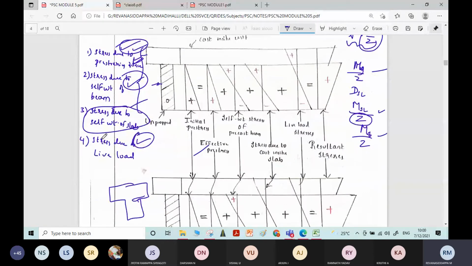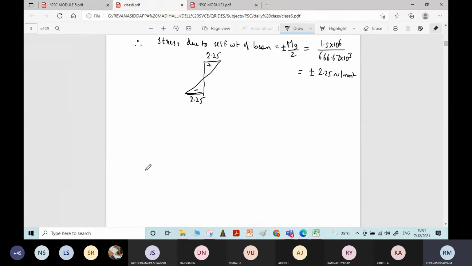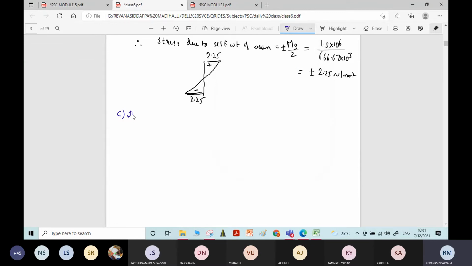Third step is to find stress due to the self weight of the slab. That we'll find now. Stress due to self weight of slab.